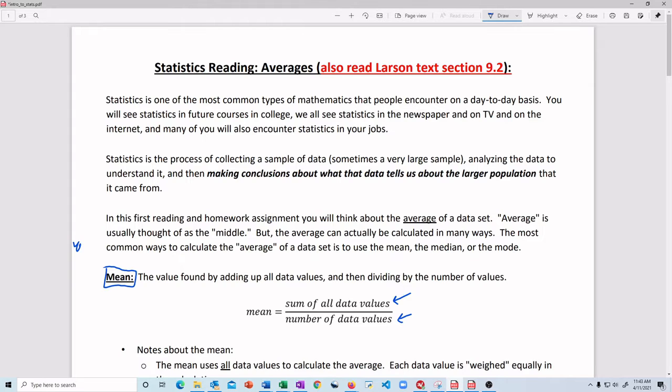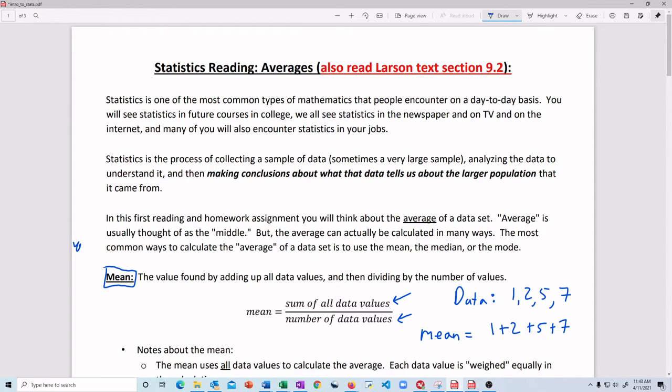Okay, so a very quick example. Maybe my data looks like 1, 2, 5, 7. Just a small little example here. How do I do the mean? We'll do this one by hand, but we'll often do it in Excel, which I'll show you in a separate video. Well, 1 plus 2 plus 5 plus 7.